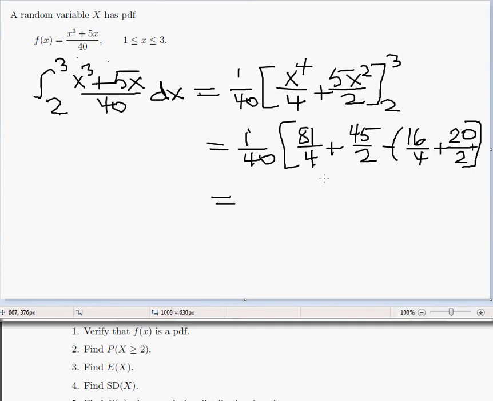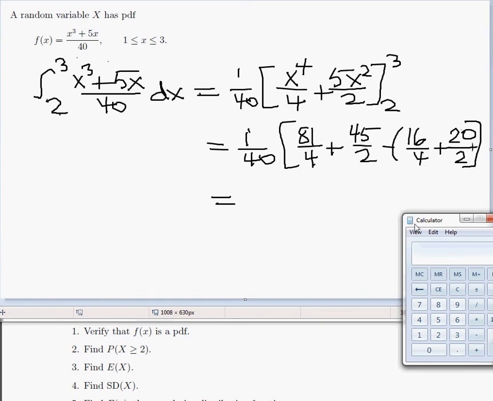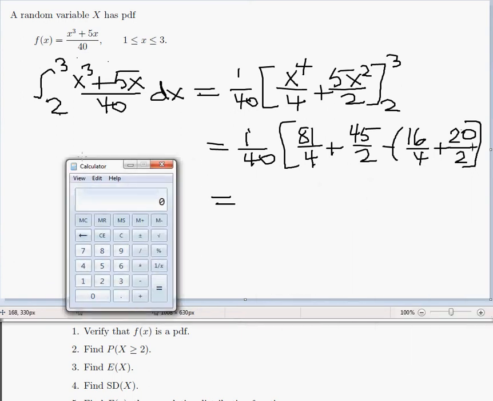And then it's just a matter of simplifying this fraction. So we have 1/40. Let's do the fraction here. We have 81 divided by 4 plus 22.5, minus 4, and then minus 10. Then the whole thing divided by 40 gives us 0.71875.